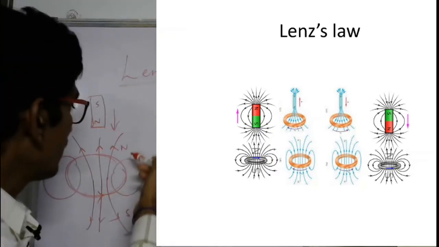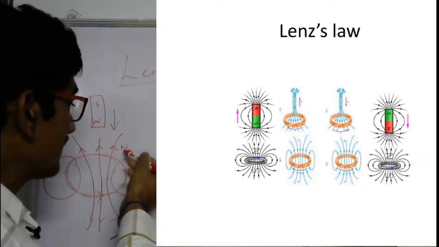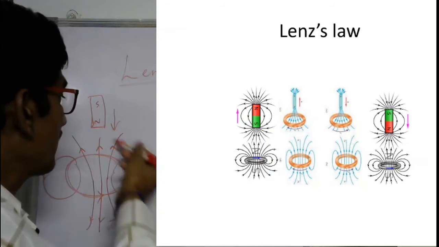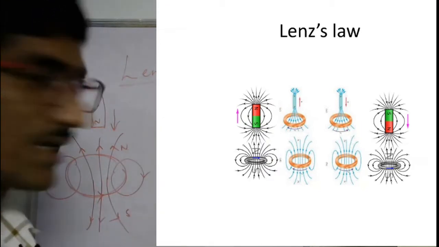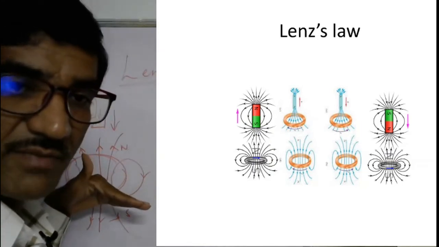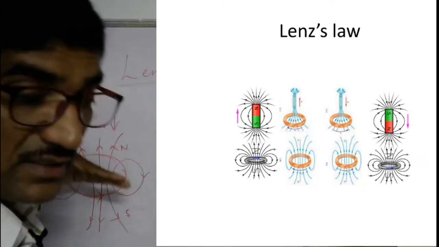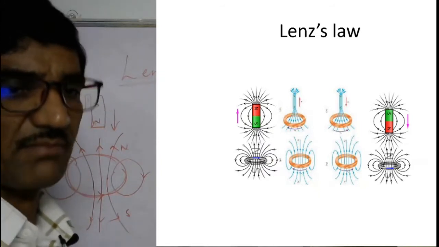Whenever the induced current is flowing such that on this side you have a north pole, then what happens? There is a repulsion between north pole and north pole. That means it cannot move further. What is the meaning of that? If it moves further, the change in the flux would have increased very much.